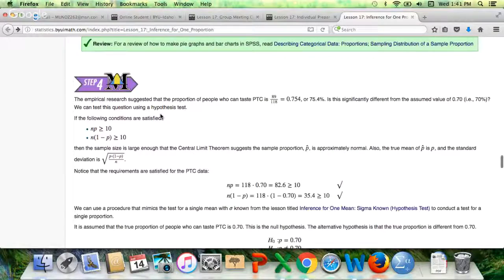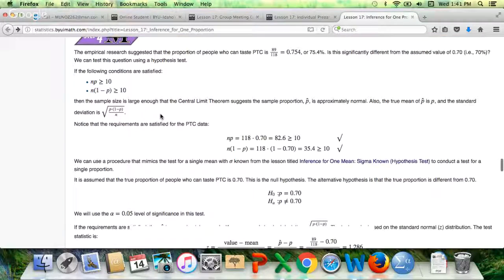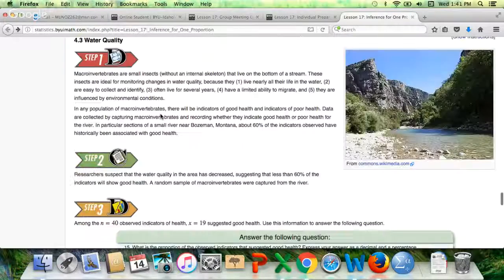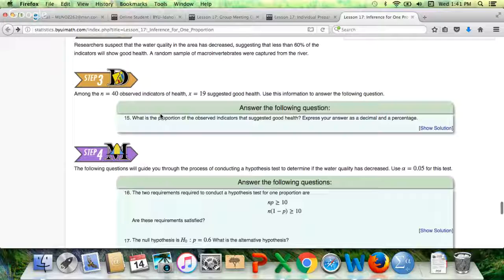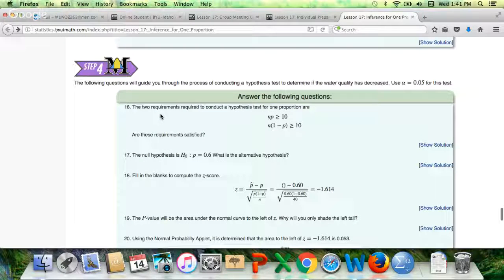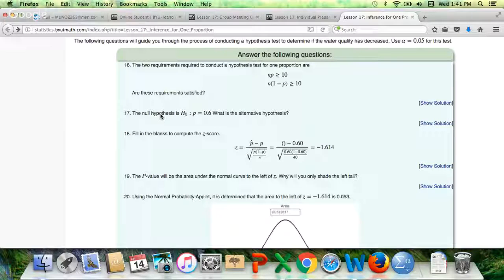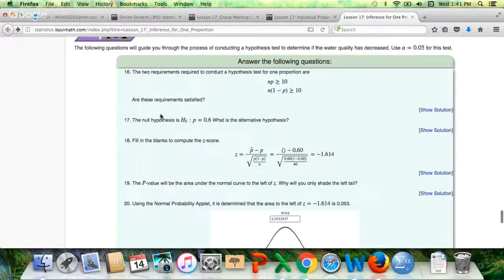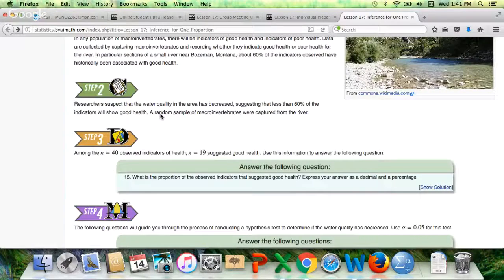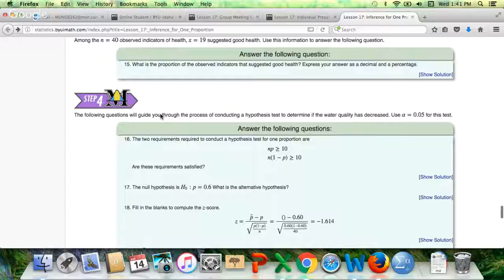So that's exactly like this example here. Then it says, fill in the blanks to compute the z-score. Z is equal to P-hat minus P over the standard deviation.